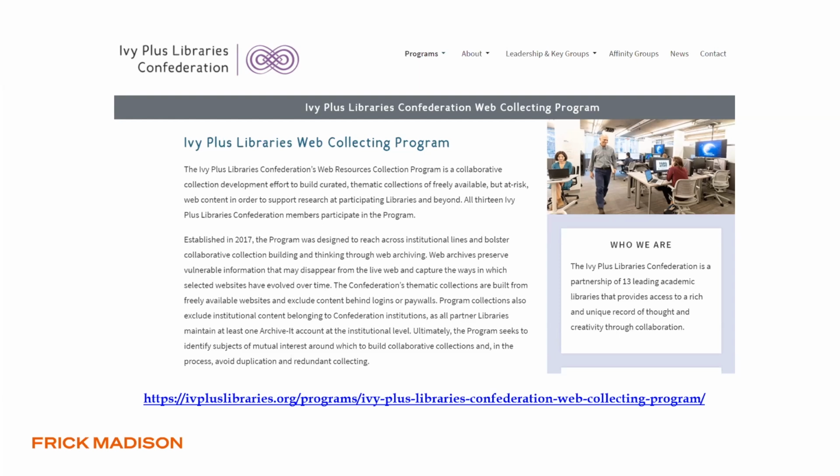This web collecting program specifically is more of a collaborative collection development effort, and it's really to build curated thematic collections of freely available but often at-risk web content in order to support research at participating libraries and beyond. So all Ivy Plus Libraries Confederation members participate in this program, and their collections include everything from human rights to architecture to gender studies collections and even political movements. So we definitely invite you all to check out these partners as well.